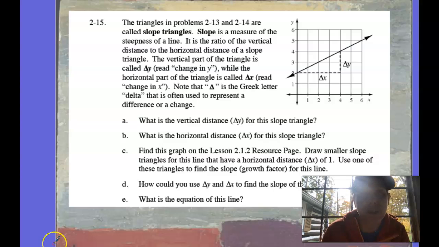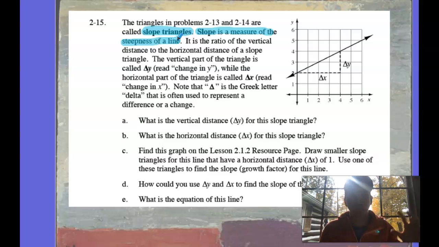So what we're doing in 213 and 214 is building to this big idea of slope. I'm going to highlight a couple things here, and hopefully you did that without me. 215 is dealing with slope, and slope is the measure of the steepness of the line. So far we've heard slope, steepness of a line, growth triangles.